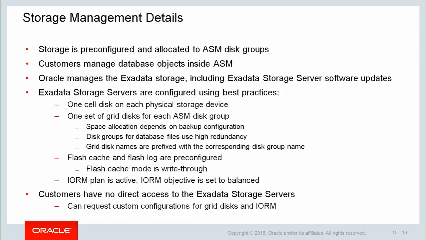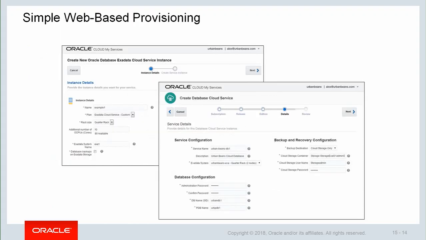So we, as the customer, don't touch the hardware itself. So customers do not have access to the ExaData storage server. But the customer can enable IORM. Okay, so through the Service Console, you have an option to create a plan, and also you can configure IO resource management.